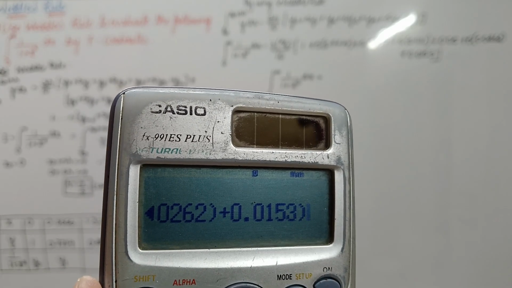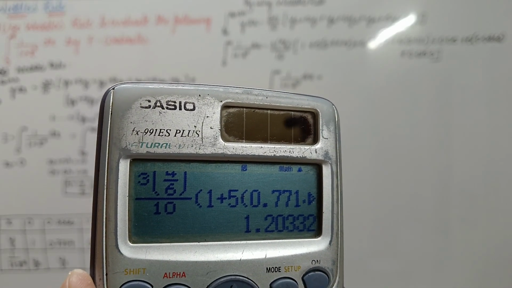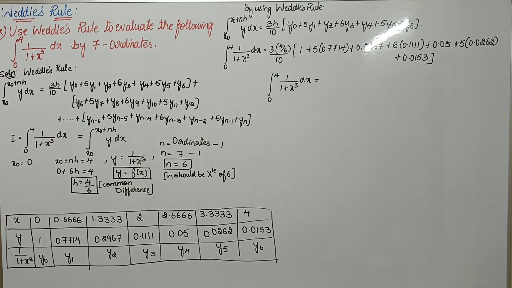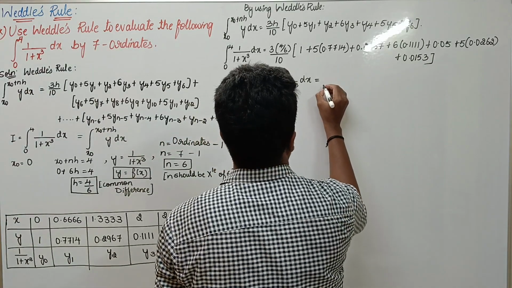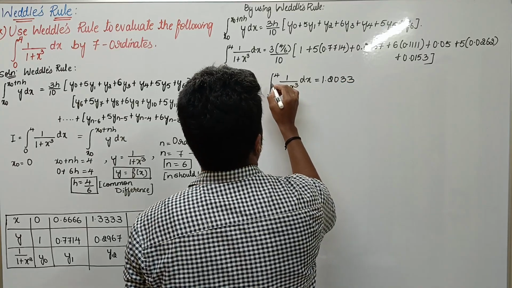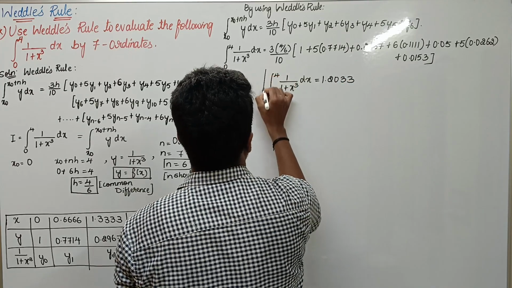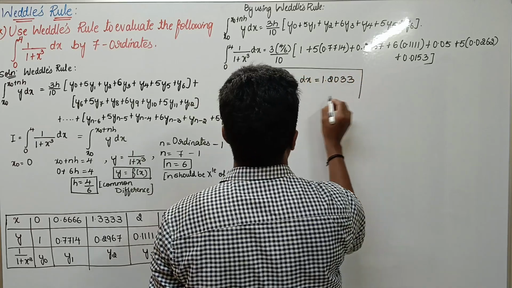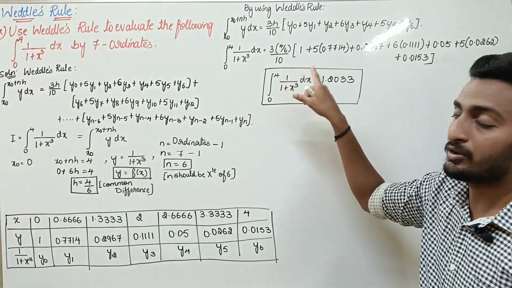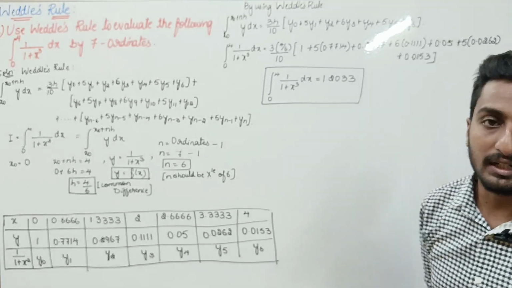Done, close the bracket, you get the value 1.2033. Okay, this is the approximate value of the given integral function, the integral with limits 0 to 4 of 1 by 1 plus x cube dx.